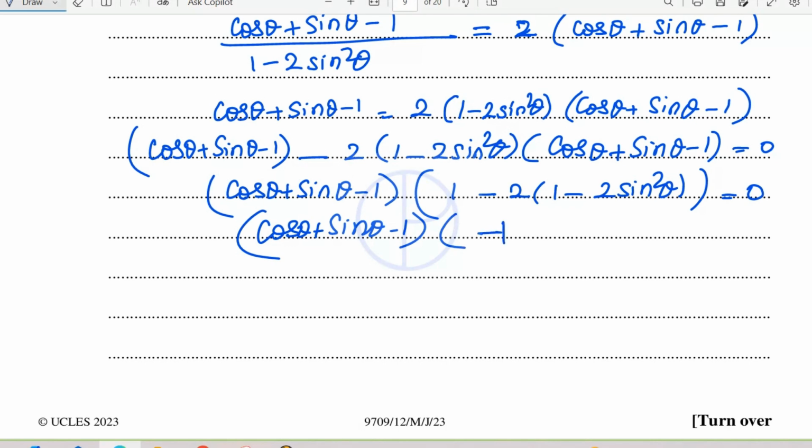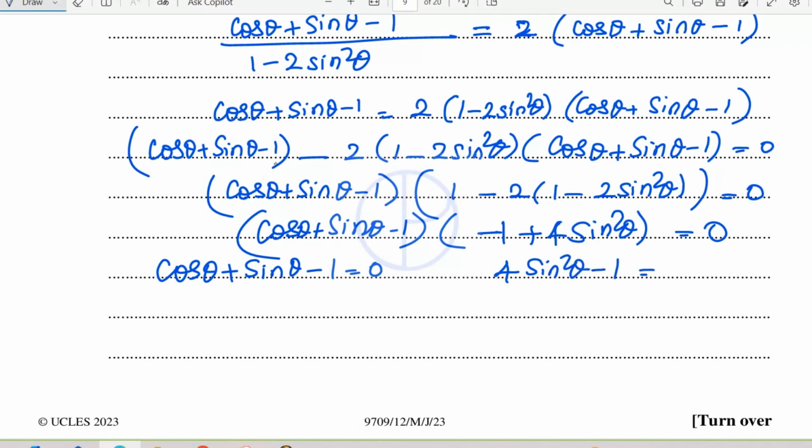So negative 1 plus 4 sine square theta equal to 0. So we can write this as cos theta plus sin theta minus 1 equal to 0, or 4 sine square theta minus 1 equal to 0. So for this part, we know already the solution. Theta is equal to 0, pi over 2.